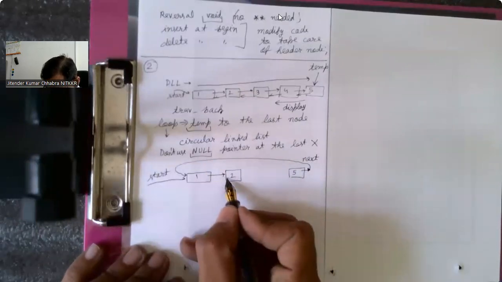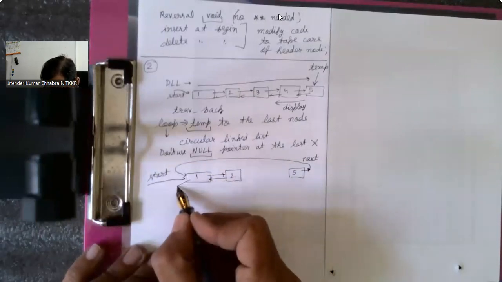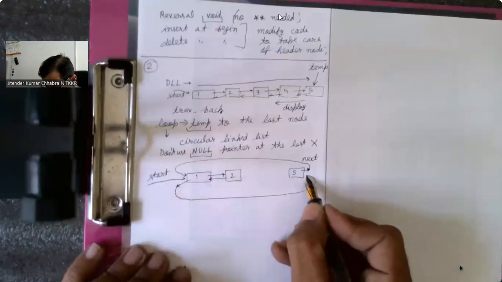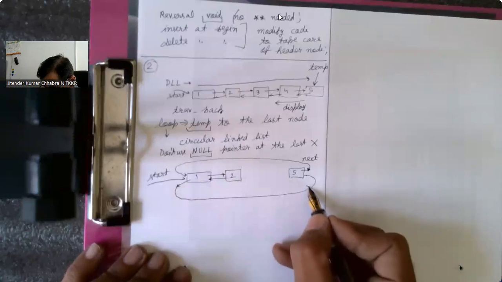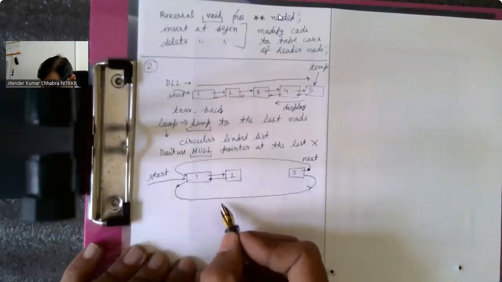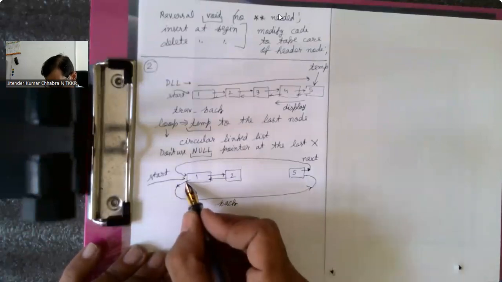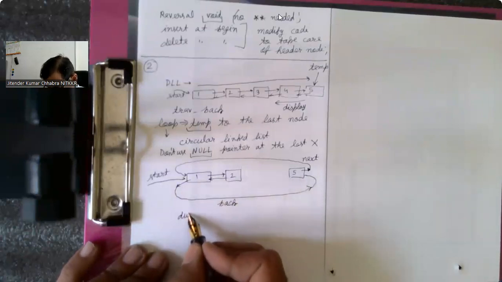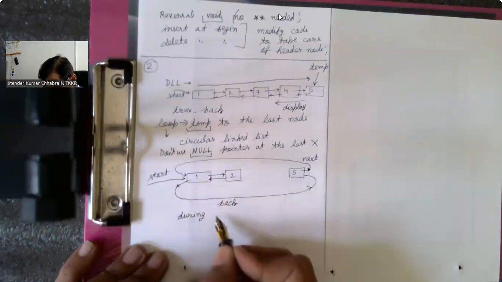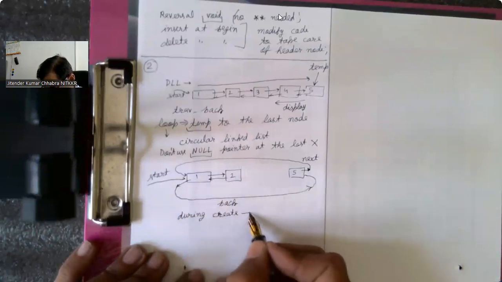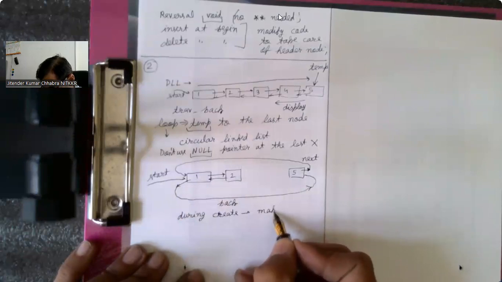Similarly, the backlinks exist. Earlier, this link was null. This link will not be null. It will point to the last node. This will be the back pointer. So effectively, during creation, you have to make it circular.